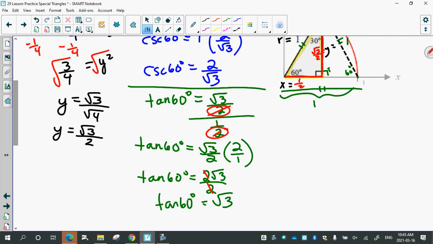You can just say it's going to be root 3 divided by 1, which is root 3. Because you're dividing things that have the exact same denominators, the denominators don't matter. You can skip that step and save yourself some time. And this happens over and over again in trig, so it's a good trick to know.